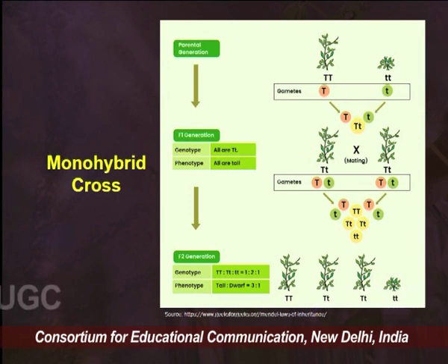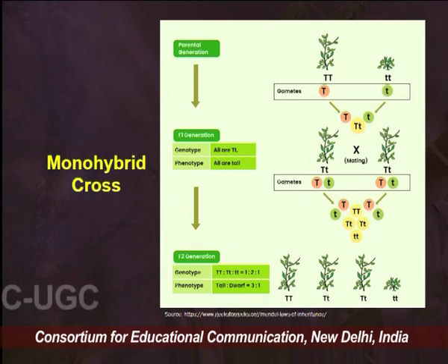But then when this generation was crossbred, the genotype we received was 1:2:1, that is, one was pure capital T, the long stem plant. The rest two, although hybrid, were also large stem pea plants, and one was a dwarf pea plant.